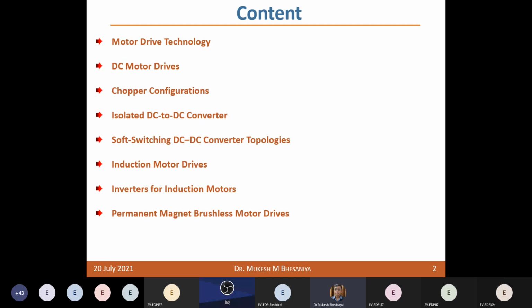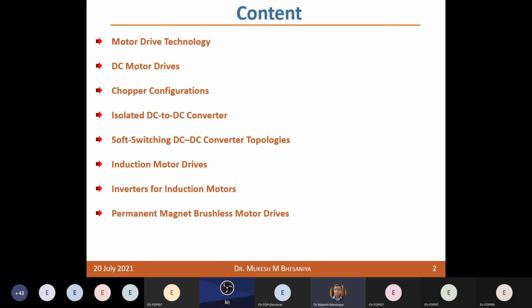Then I will talk about DC drives, the configurations of different DC-DC converters which are used for DC motor control, and a brief overview of isolated DC-DC converters, which, apart from the main converter for the electric motor, are also used as auxiliary power supply in EVs. Many EV manufacturers use them; in a Ford vehicle, you will find such an isolated DC-DC converter used as an auxiliary power supply.